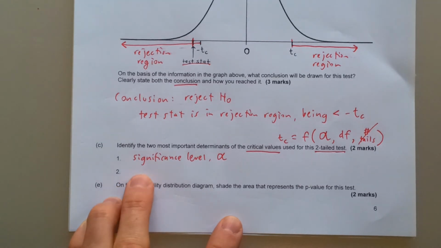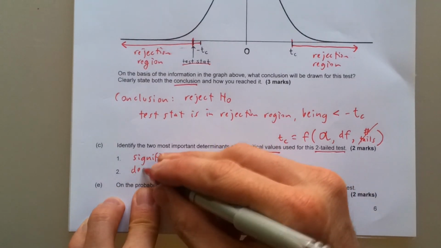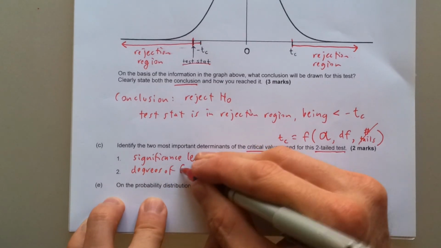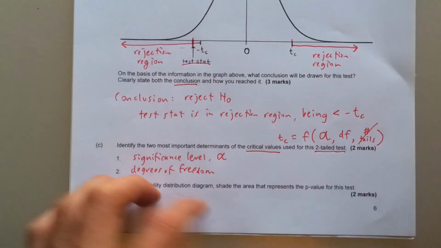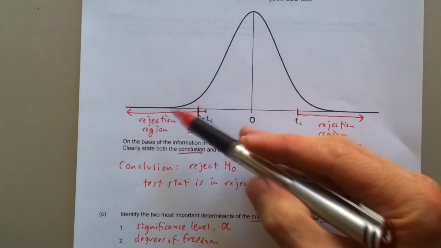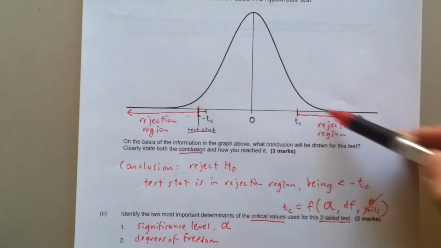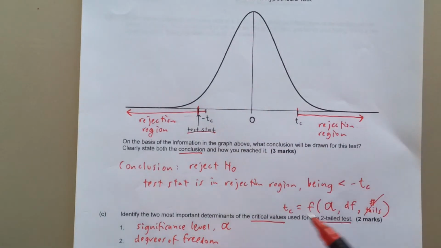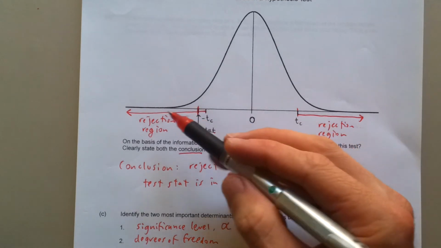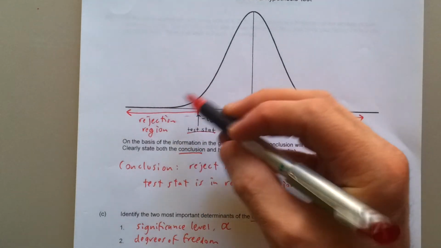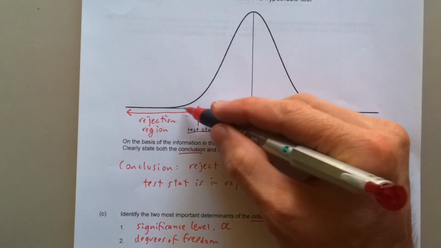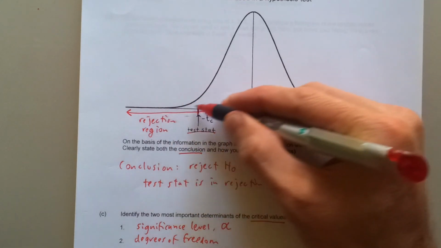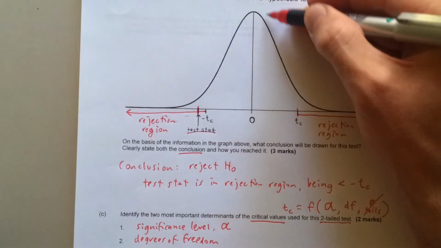And the second main thing is going to be the degrees of freedom. This actually determines the precise shape of the t-distribution that we're looking at. The higher the degrees of freedom, the smaller the tails tend to be, and the more peaked it tends to be up here.